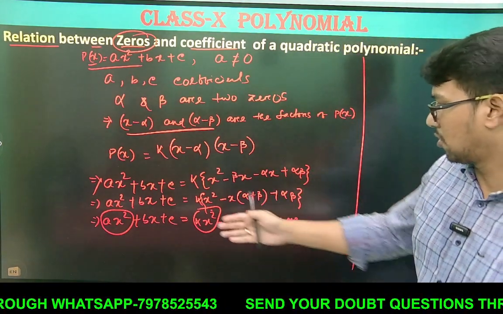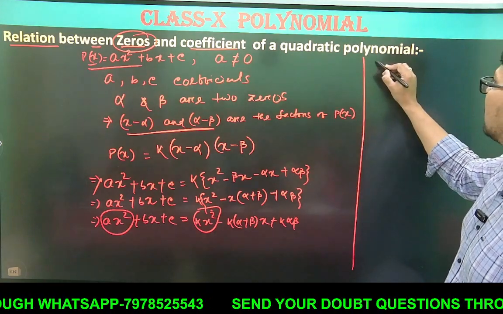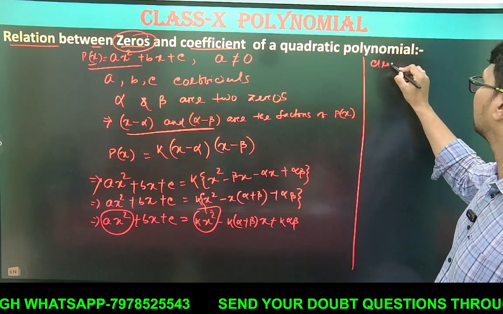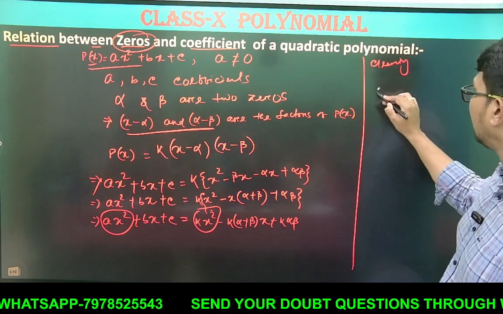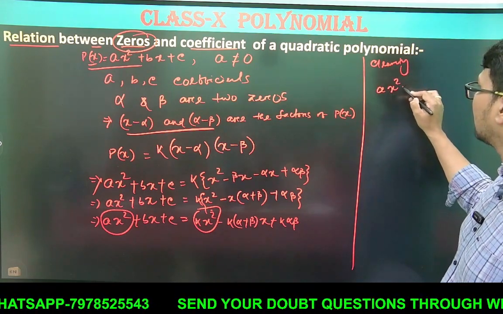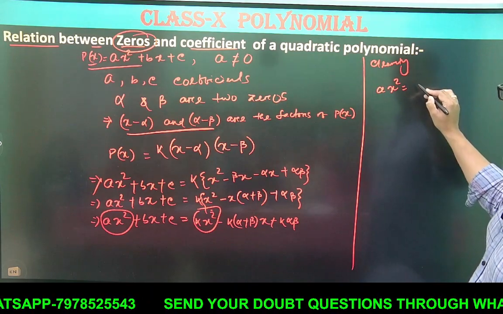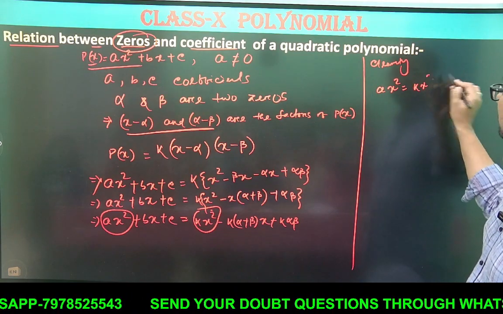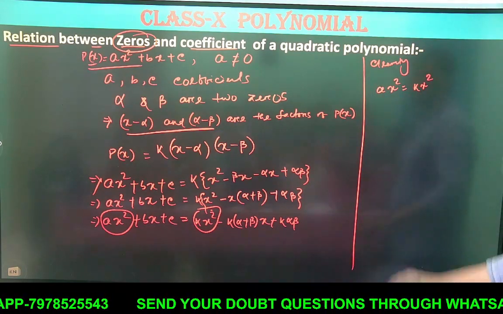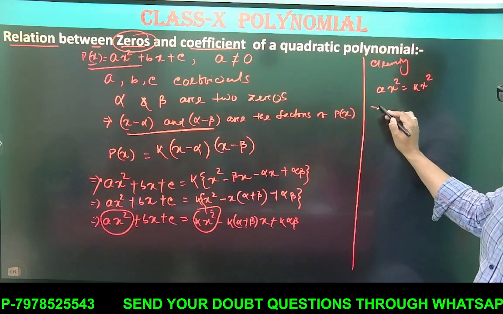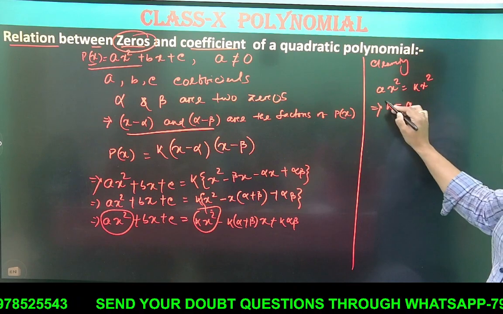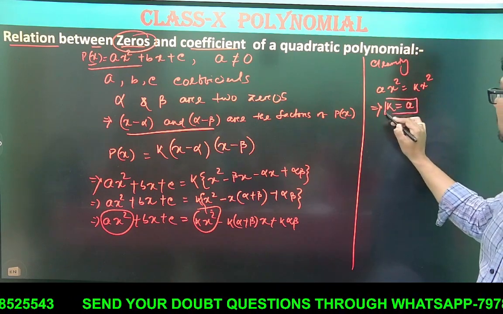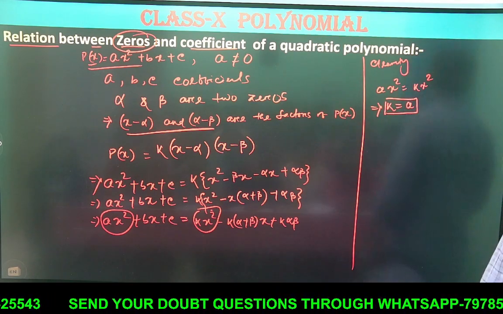So from here, clearly what we have got is ax square equals kx square. If ax square equals kx square, hence k equals how much? Understood? Okay.